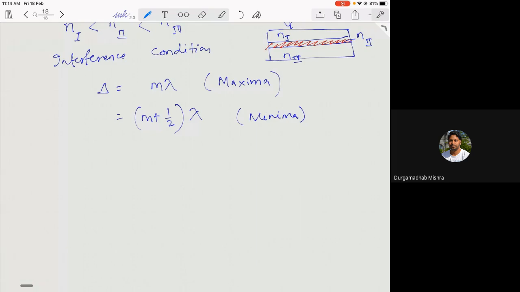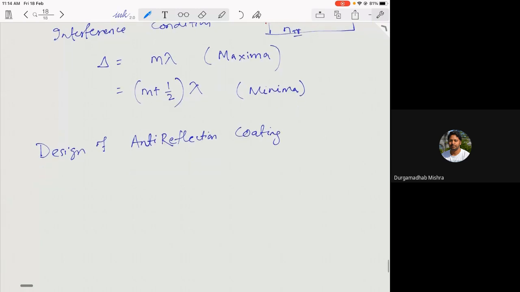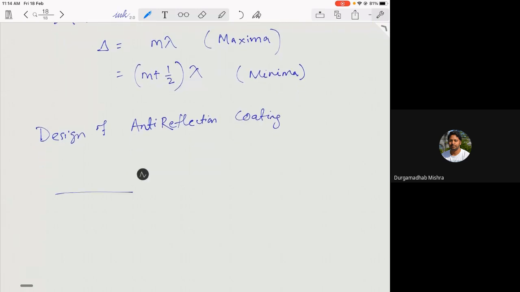So it is a design of anti-reflection coating. What it means is, if I have a glass medium, let's say, and an incident wave, there will always be some amount that is reflected back.